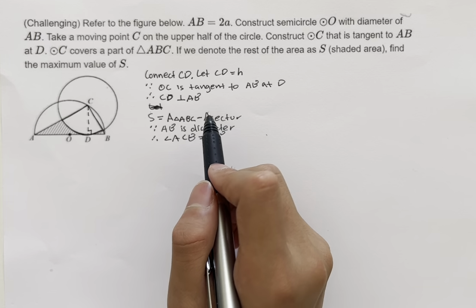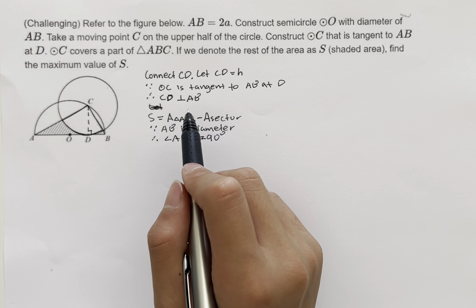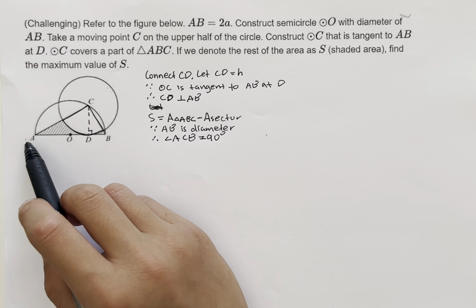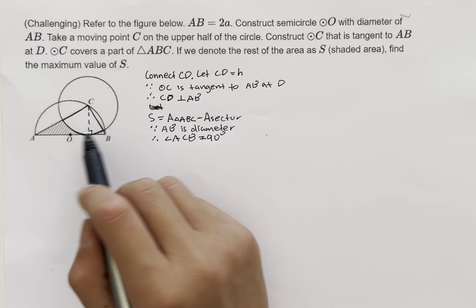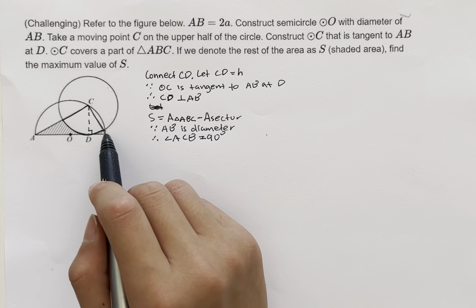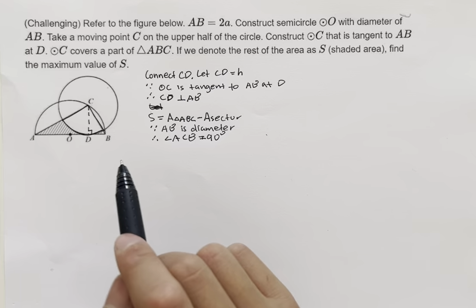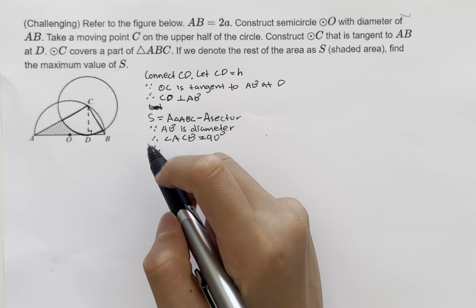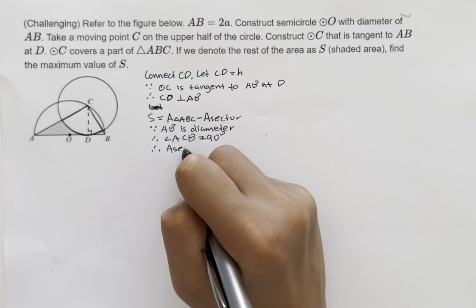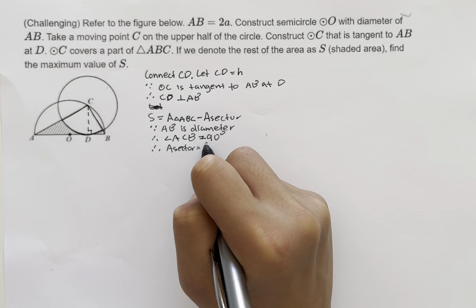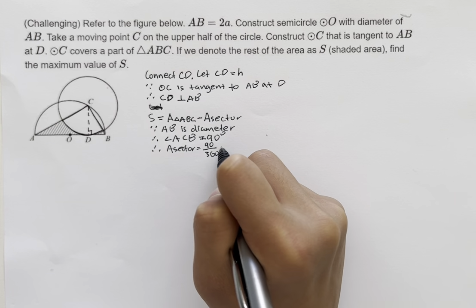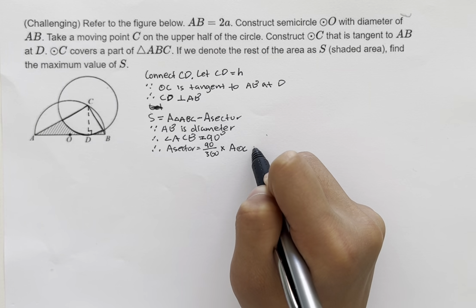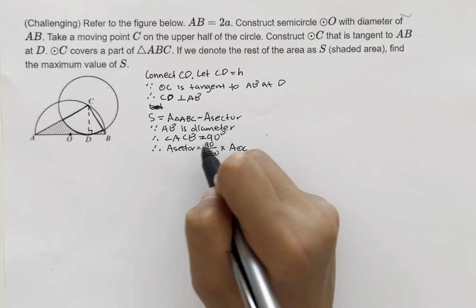So angle ACB equals 90 degrees. This is very useful in geometry because if you have two chords whose endpoints are on opposite sides of the circle, and AB is the diameter, we can get that angle ACB equals 90 degrees. So the sector equals 90/360 times circle C. Note that this will equal 1/4.